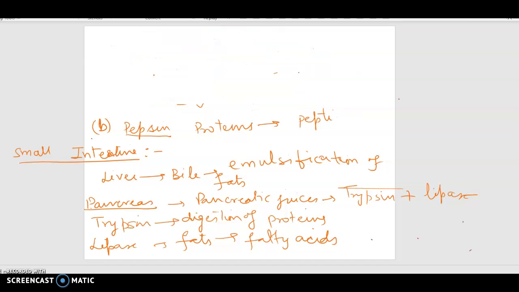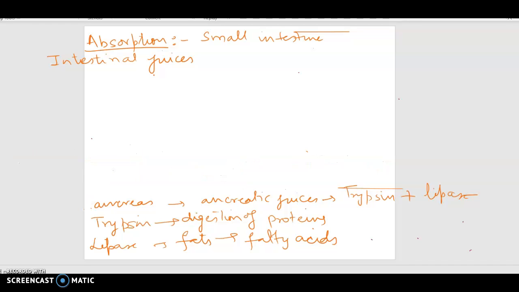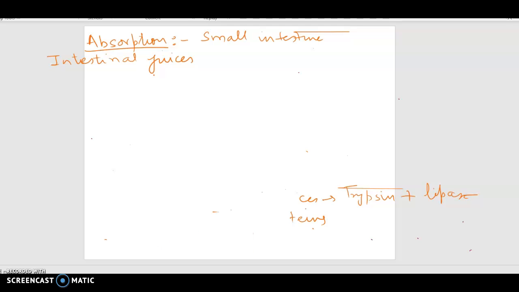After digestion, absorption. Absorption occurs in the small intestine with the help of intestinal juices. So there are three types of intestinal enzymes, carbohydrases, then proteases, and finally lipases.